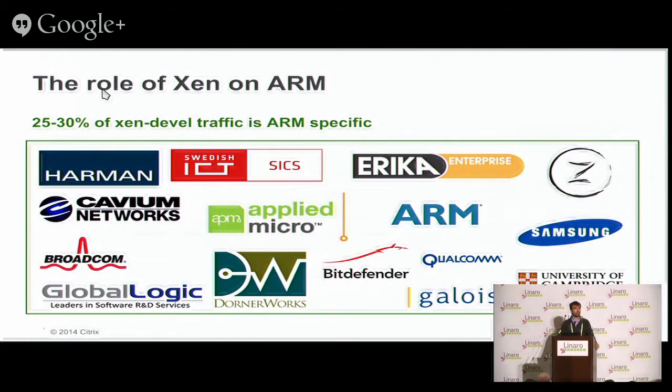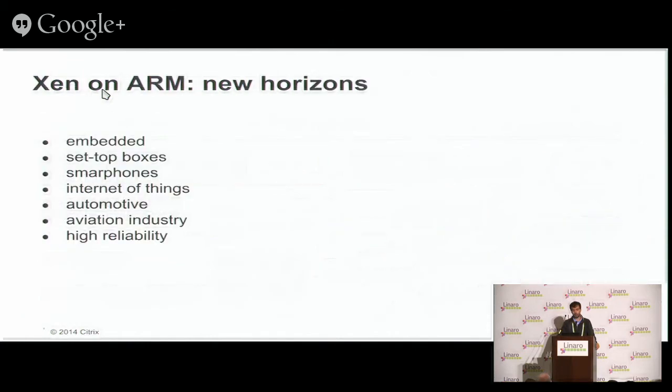Some of them actually work in other markets, such as smartphone or embedded or set-top boxes, automotive is a popular one, but also more esoteric markets such as Internet of Things. So I've seen a demo of a flying drone running Xen, for example, or the aviation industry. So there are people certifying Xen for your plane, actual planes, carrying people around. So think about that next time you take a flight.